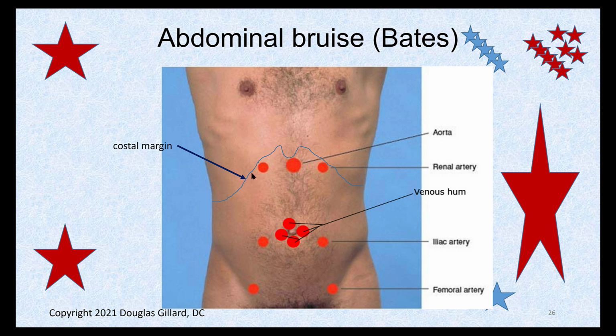Friction rubs, we're going to be listening right in here below the costal margin. Just inside that is where you auscultate for the renal arteries. Okay, so if I say, let's check this patient out and make sure he doesn't have a renal artery aneurysm, you auscultate right there, 3 inches out, right up against the costal margin here. You're not quite in the midclavicular line.